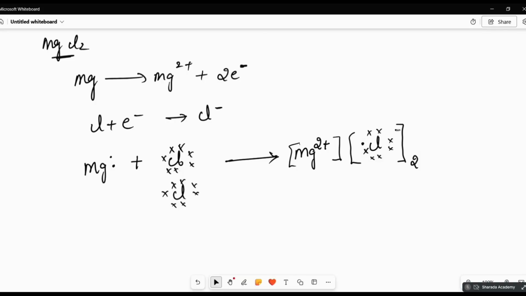It will give 1 electron to each chlorine. That's why here we write 2.